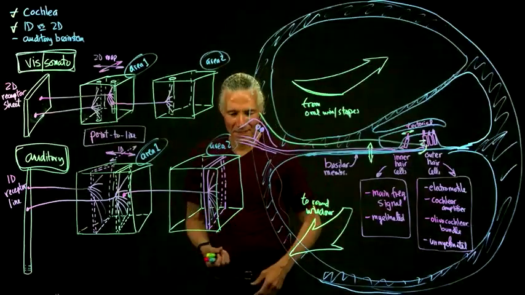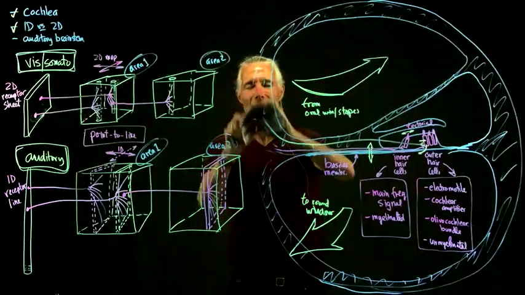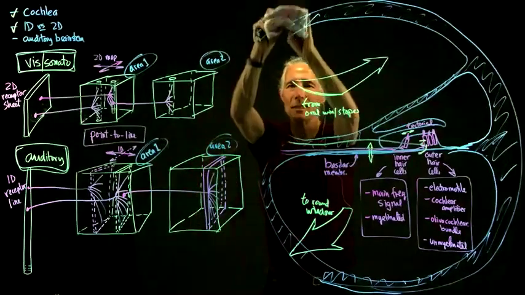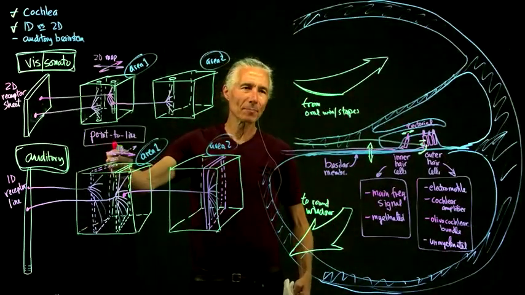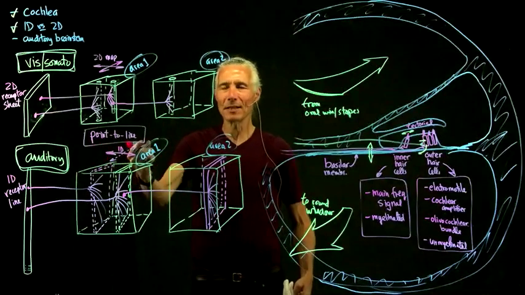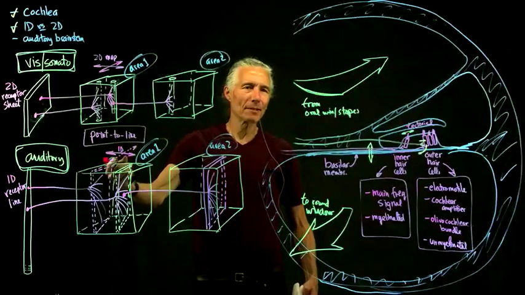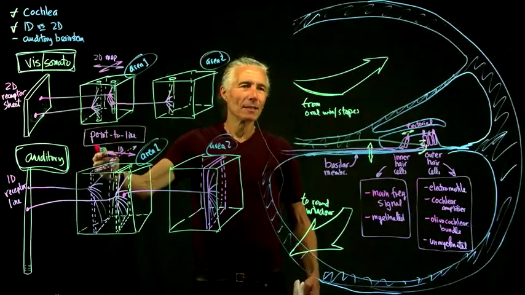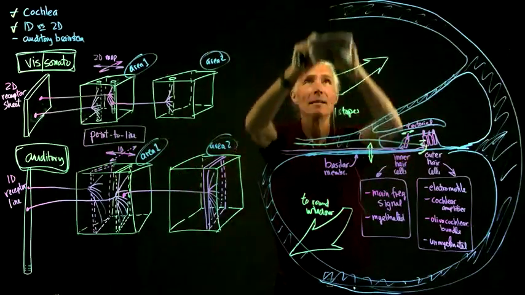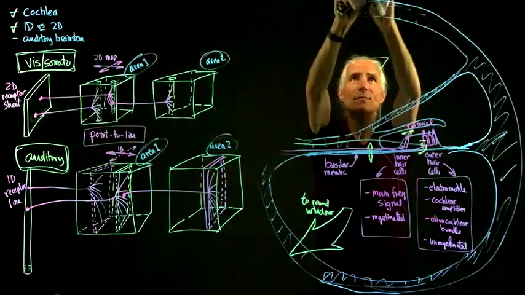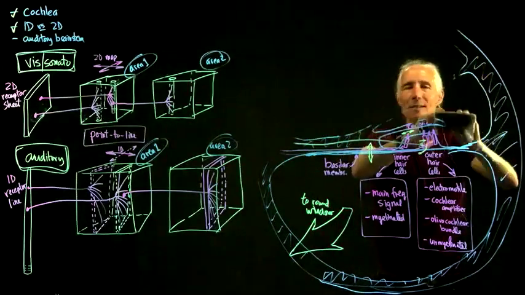Okay, so any questions about that sort of 1D versus 2D? So it's another difference. So you still have maps, but you've only got sort of one receptor dimension, and then you've got some other dimension, and we'll find out there's a whole bunch of different things that are mapped in that dimension that's perpendicular to the receptor dimension. So it's not like it goes to waste. But the fundamental difference is that the signal coming in is a 1D signal versus a 2D signal.